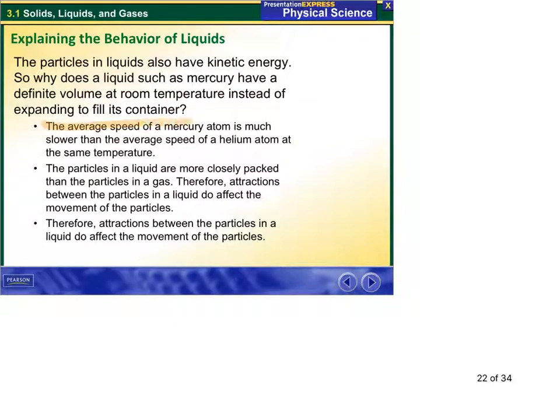The average speed of mercury atoms, or atoms in a liquid, is much slower than those in a gas. They're much more closely packed together, and the attractions between the particles do affect their movement.